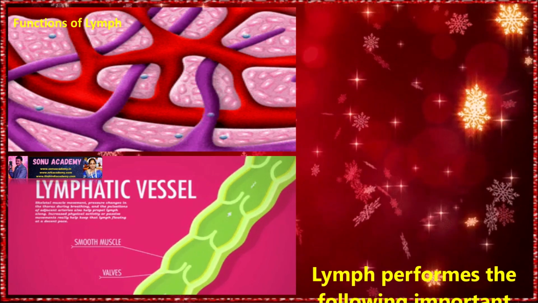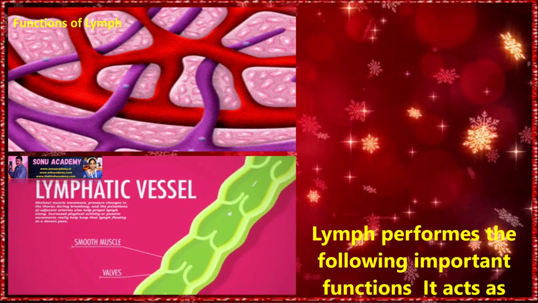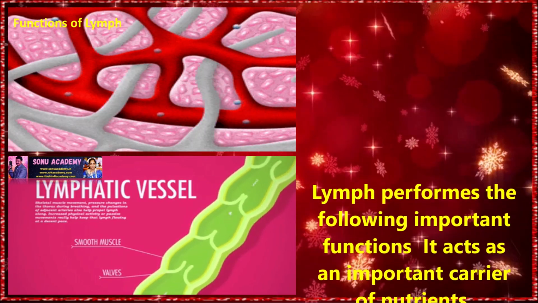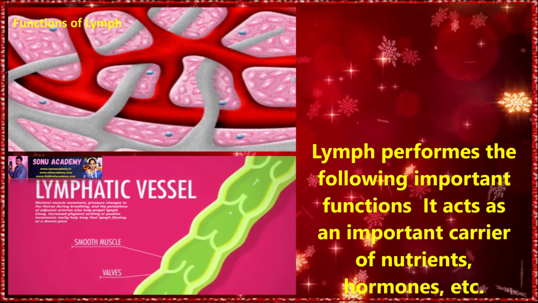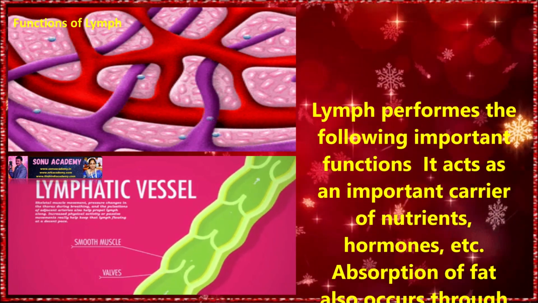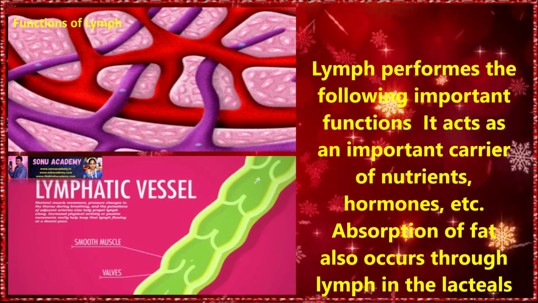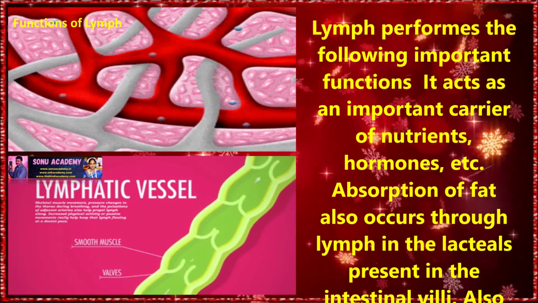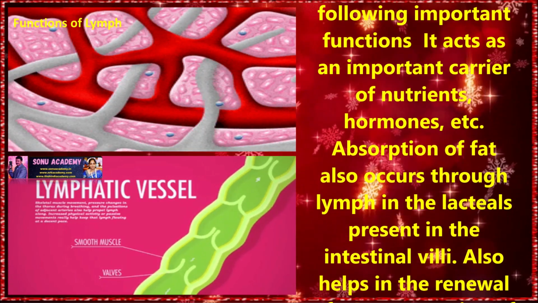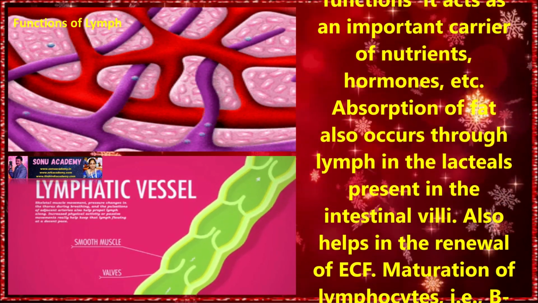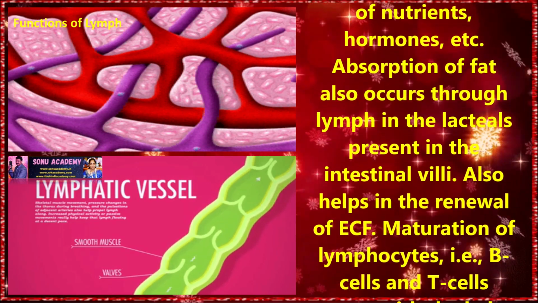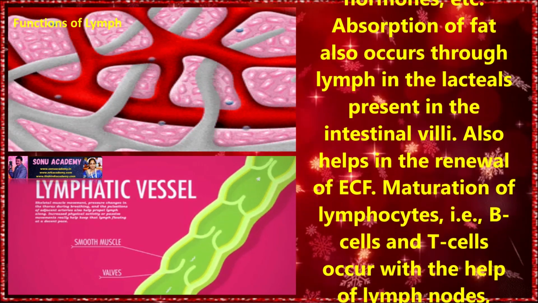Children, now let us discuss the functions of lymph. The lymph performs the following important functions. It acts as an important carrier of nutrients, hormones, etc. Absorption of fat also occurs through lymph in the lacteals present in the intestinal villi.